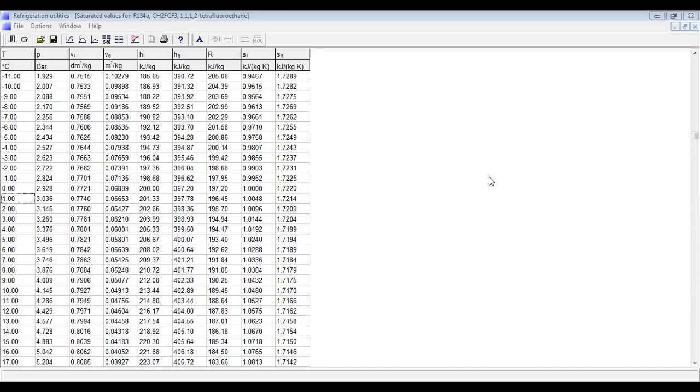Minus 10, you can use for chilling applications. And minus 10 is medium, while plus 1 is something like a high temperature application.